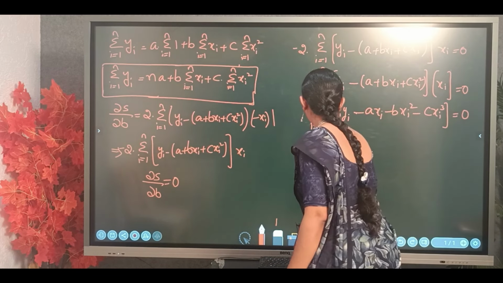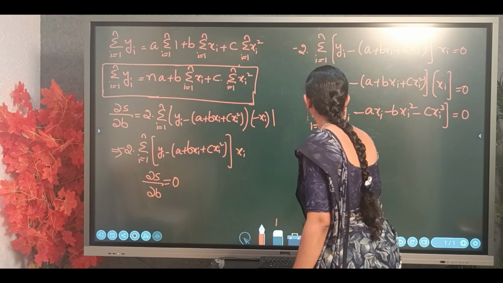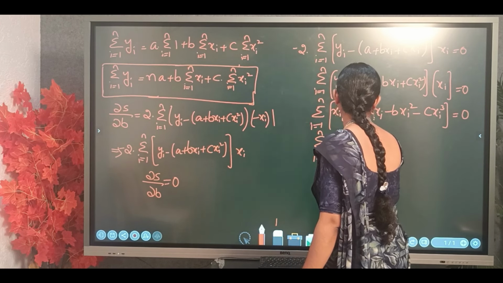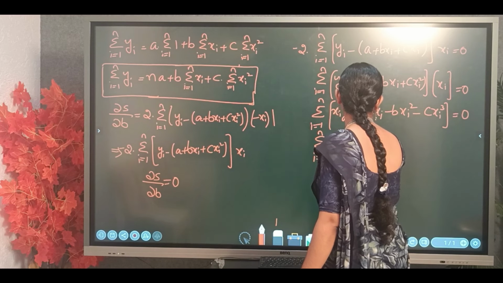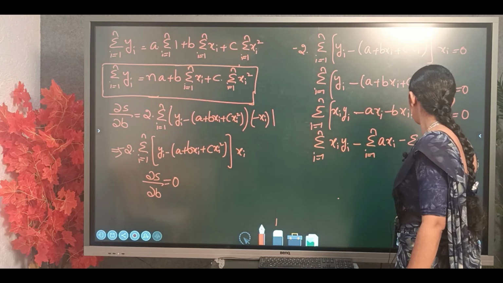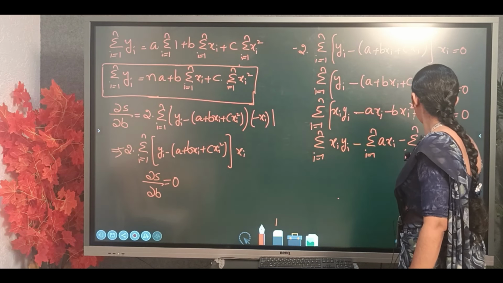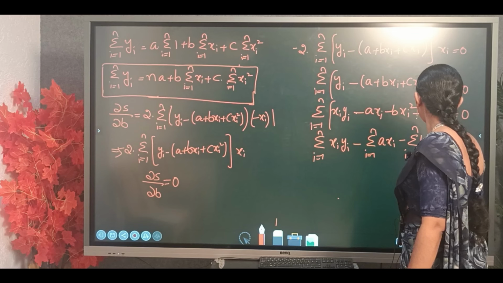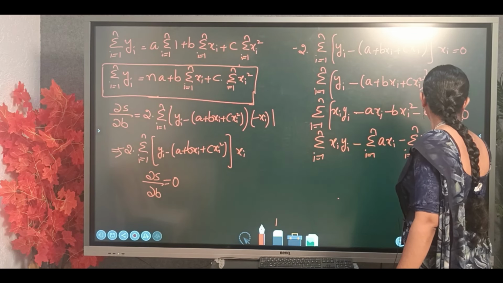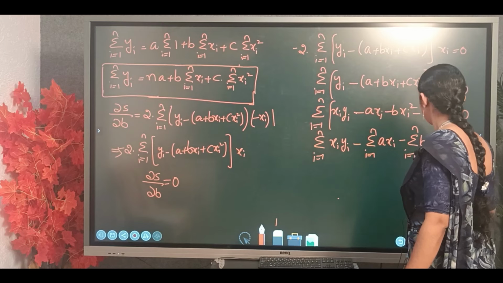Now we are separating the terms. Summation i equal to 1 to n xi yi minus summation i equal to 1 to n a xi minus summation i equal to 1 to n b xi square minus summation i equal to 1 to n c xi cube is equal to 0.